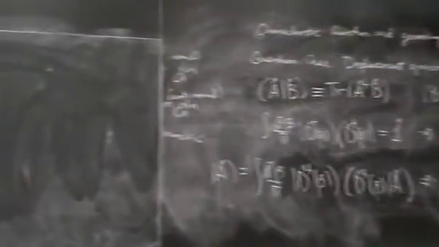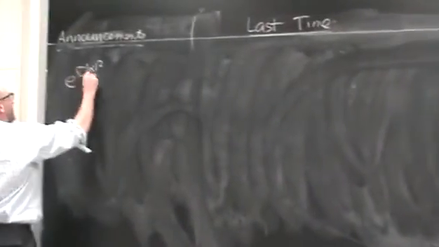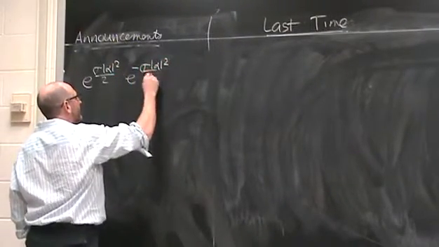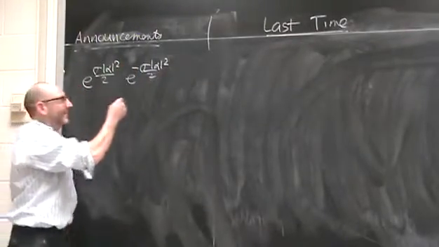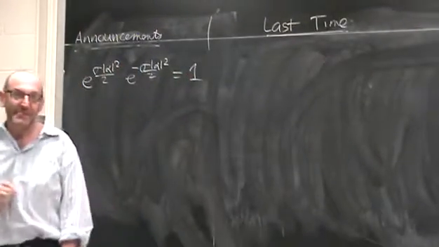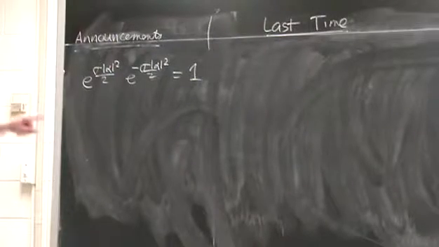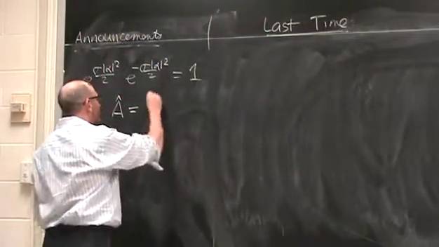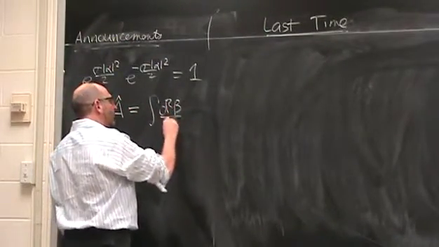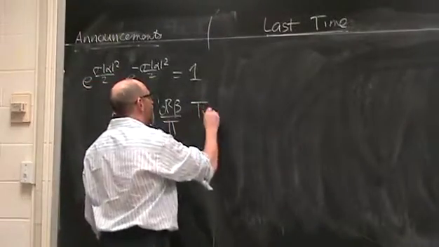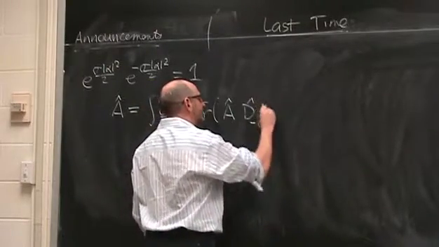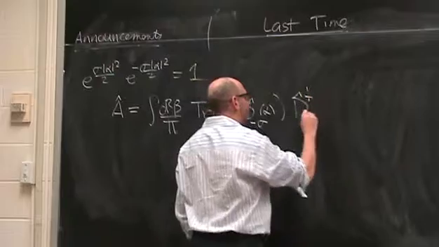So, e to the alpha squared times sigma times e to the minus alpha squared times sigma, that's 1, right? So I can plug that in and write more generally the following. A is equal to the integral over the phase space normalized by pi, the trace of the operator with D minus sigma times D dagger with plus sigma.